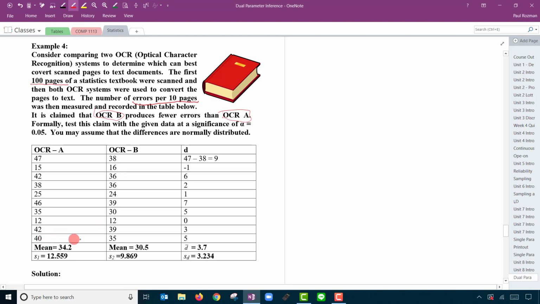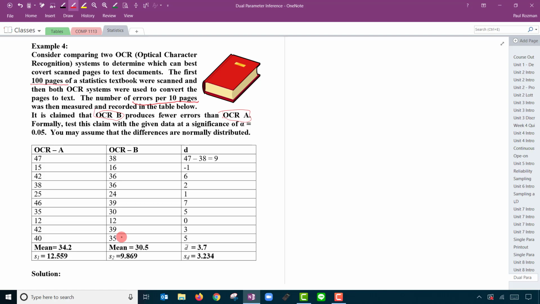In the last 10 out of the 100 pages that were scanned, A made 40 mistakes, and B made 35 mistakes. This is a case where we have dependence because we're evaluating the same image using two different systems.